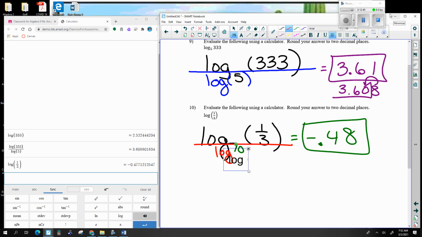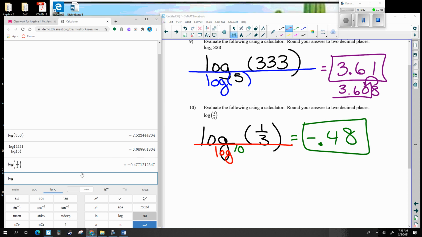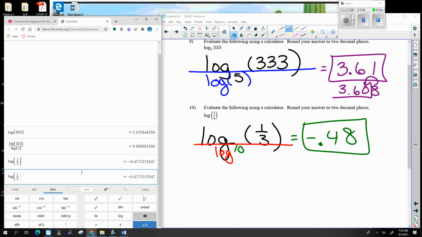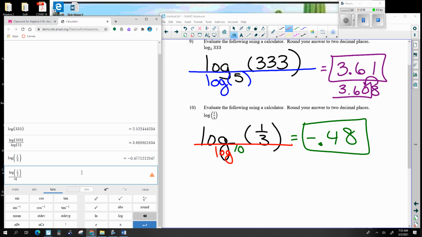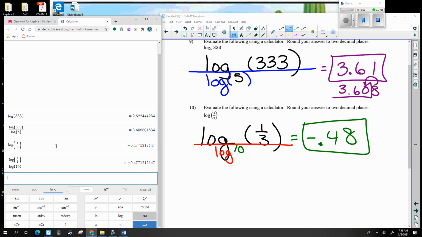So this would be log, sorry, I meant to be typing in the Desmos. Here we go. Log 1/3 divided by log 10. Okay, so you get the same answer. So logs that are just sitting there, like the log that's in your calculator, is technically a log base 10.